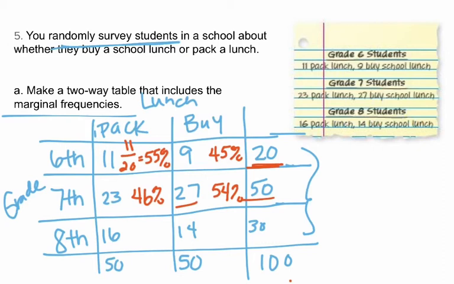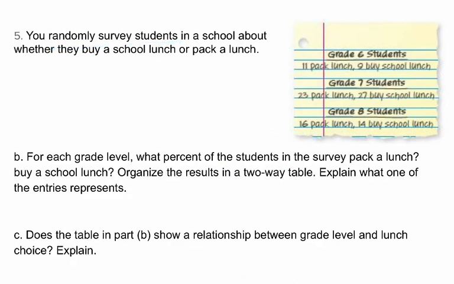This one I'm going to round, and if you actually use a calculator, we get 0.53 repeating, so I'm going to round that down to 53%. And then 14 out of 30 leaves us with about 47%. We'd have to round that one up. And again, these percentages just help us interpret the scenario, because instead of just looking at 23 7th graders, 27, we can see that that's about split half and half, right? 46 and 54%.